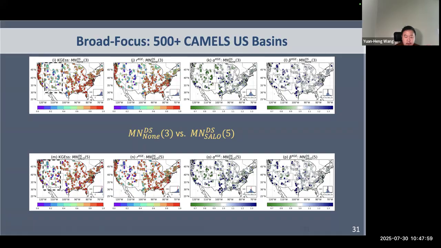We found several basins in the West, Montana, and the US start getting improved, but in places like South Texas, the score is decreasing. I think the improvement in the mountain west is because the model architecture is getting more complicated, so several basins can learn the right thing, maybe for the wrong reason.